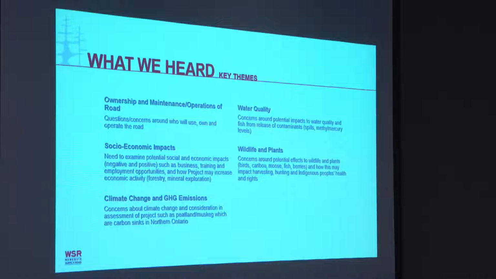Water quality, of course, is always a concern for community members for obvious reasons. And so we've spent a lot of time there. There has often been a perception in communities that in an exercise like an environmental assessment, there isn't a lot of study done on water, but there's quite a bit, groundwater and surface water, and there's more now than ever before in environmental assessments.